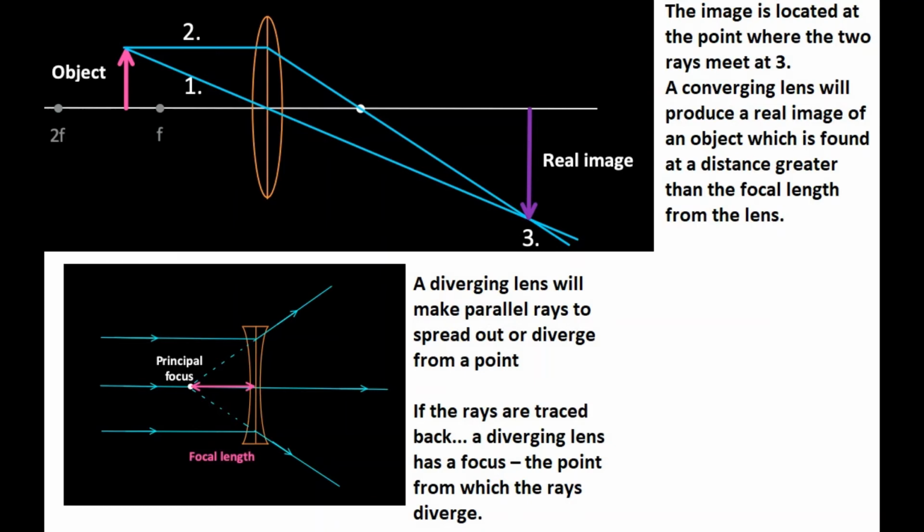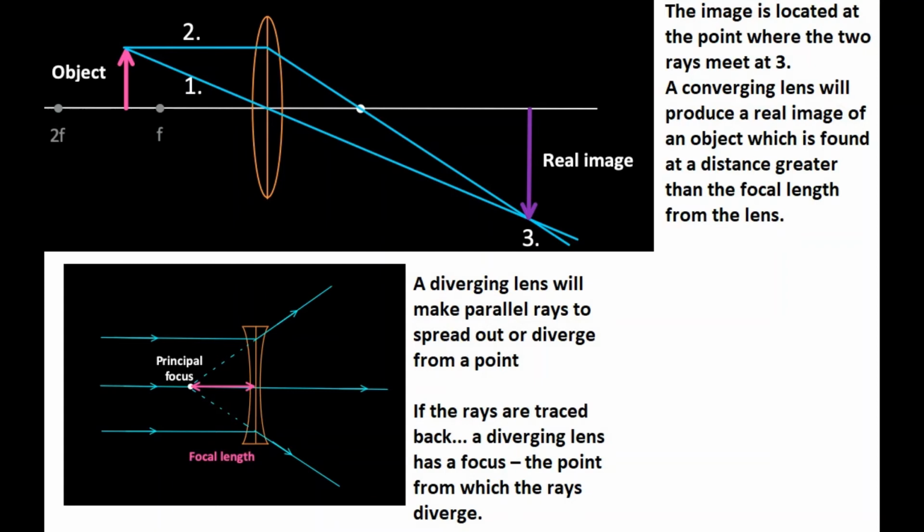After ray 2 meets the lens, it goes down through the focus, and that is where it meets at 3. A converging lens will produce a real image of an object where it is found at a distance greater than the focal length from the lens. So look at the distance from the real image to the lens. That is longer than the distance from that dot to the lens, and that dot is the focal length. So it is at a distance greater.